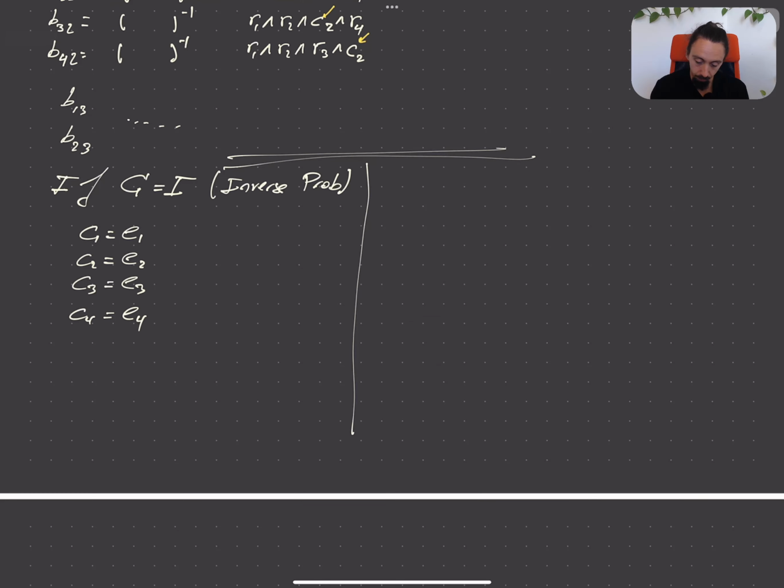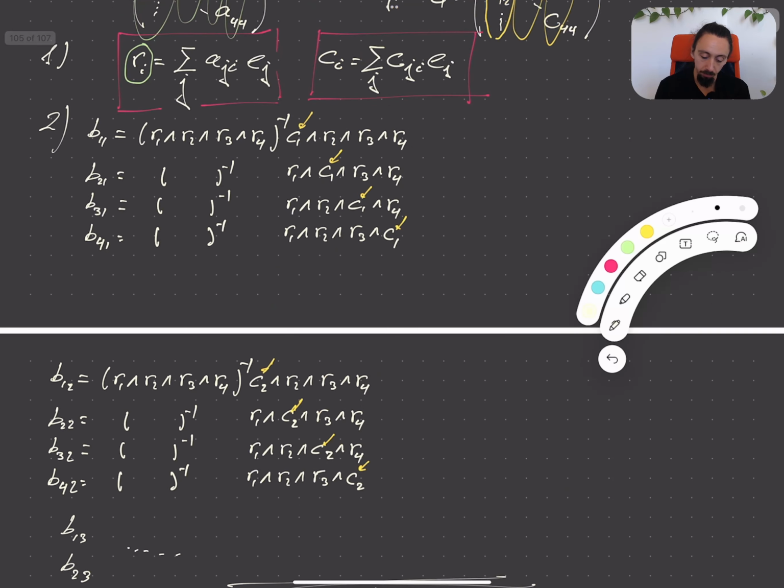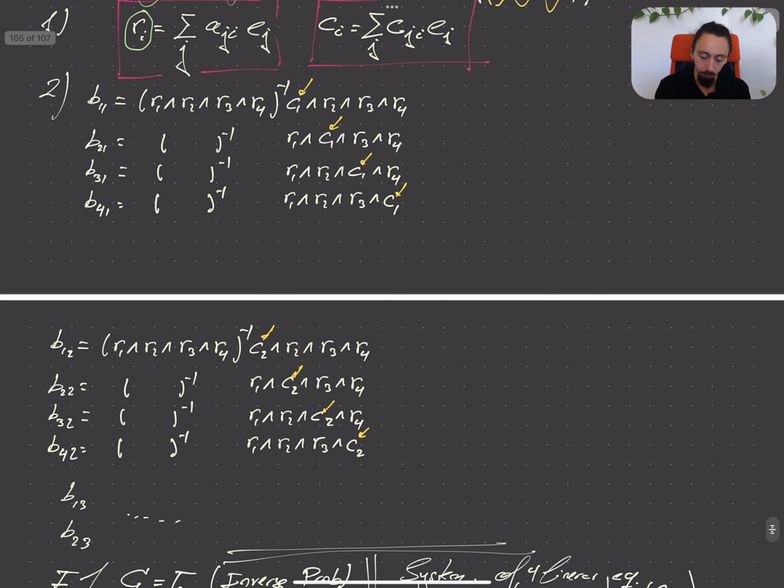And if we are dealing with a system of linear equations, that is the case where C equals a column vector and the rest is zeros. So this is equal to C1, C2, C3, C4, and then we simply have to get one of these expressions.